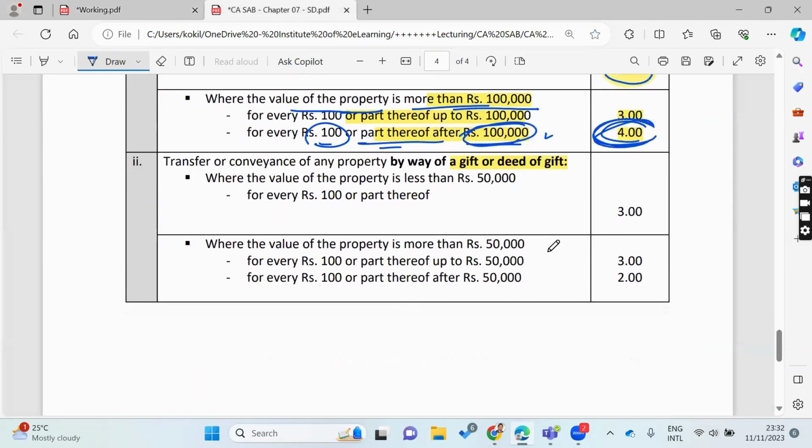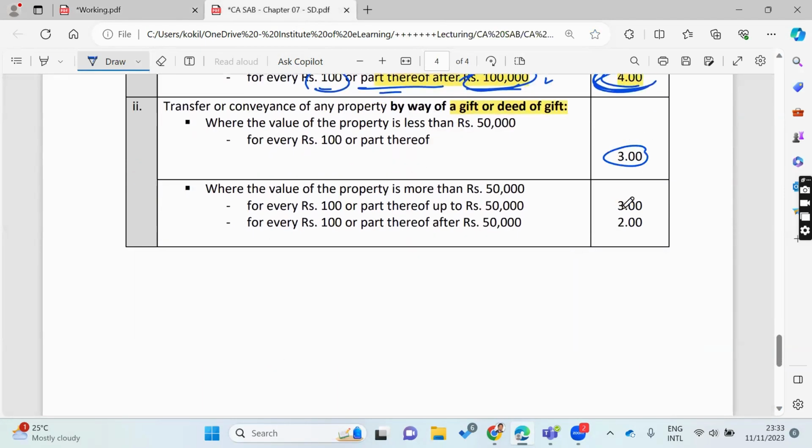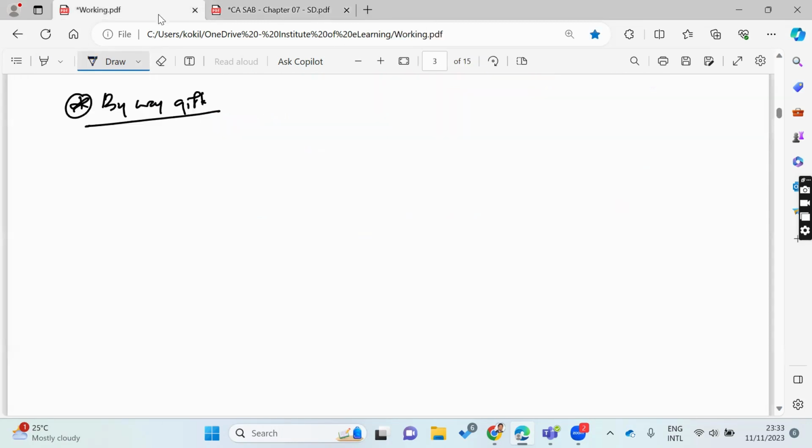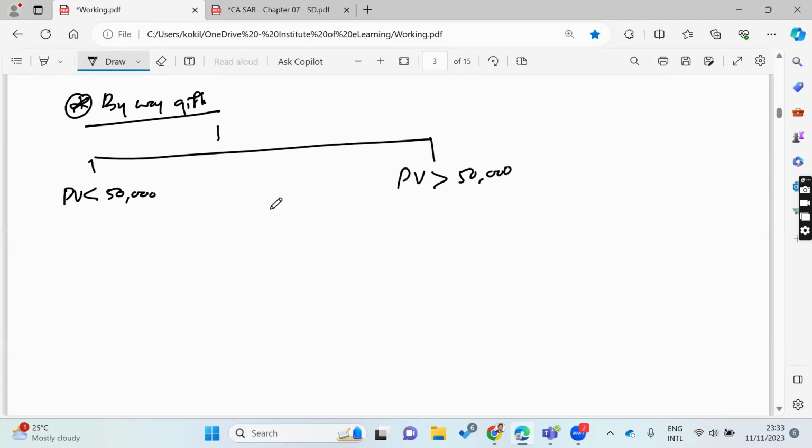It is 3, and if the property value is more than 50,000, the balance part we take separately. So I will divide this into two: property value less than 50,000, and property value more than 50,000. Let's look at the first scenario.